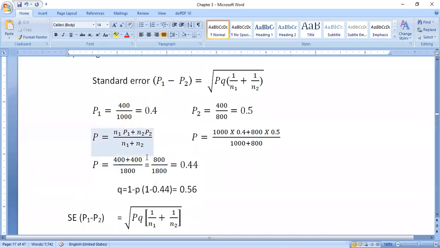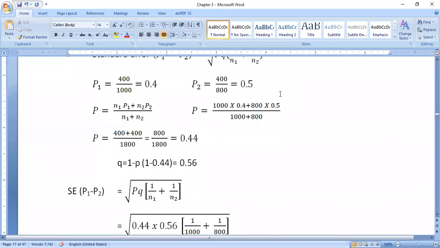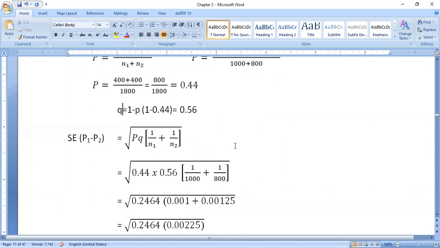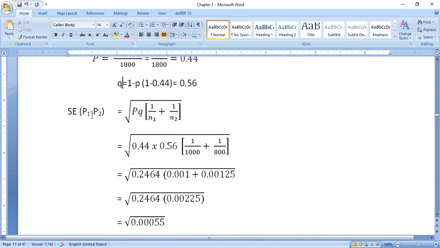So you see once again, standard error of P1 minus P2 is under root PQ into 1 by N1 plus 1 by N2. So the P1 value we need to find out and the P2 value we need to find out. After finding out all the values, we got the probability of success, 0.44, and the Q value also. Apply all the values into the formula: standard error P1 minus P2 is equal to under root PQ into 1 by N1 plus 1 by N2.